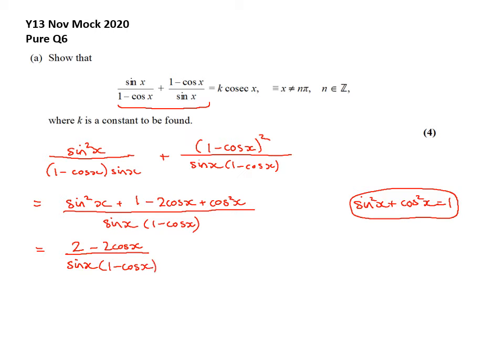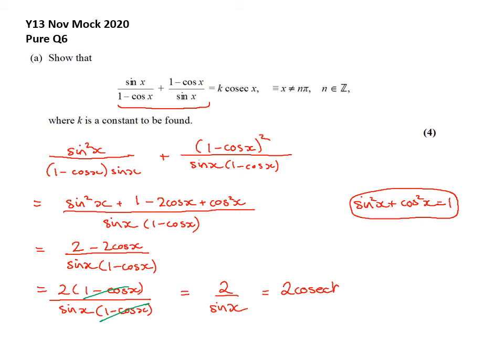I can see that I can factorise the 2 out of the top, leaving me with 1 minus cos x. That's quite convenient because that's what I've got in the denominator. I can therefore cancel those out, and that leaves me with 2 over sine x, and 1 over sine is cosec, so that leaves me with 2 cosec x, as requested.